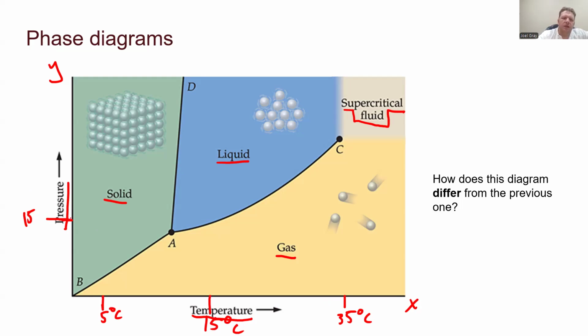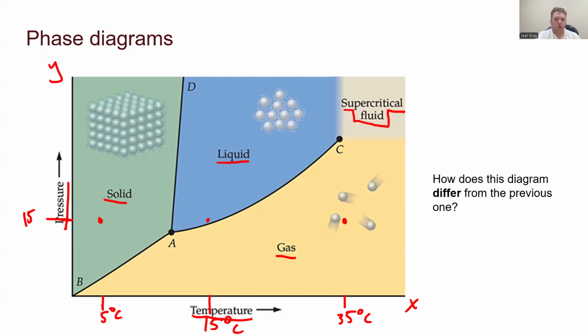If our pressure is 15 and our temperature is 5 degrees Celsius, our sample will exist as a solid. If we heat it up from 5 to 15 degrees Celsius, but hold the pressure constant, well, then our sample is going to exist as a liquid. If we continue heating our sample to approximately 35 degrees Celsius, then our sample is going to exist as a gas.